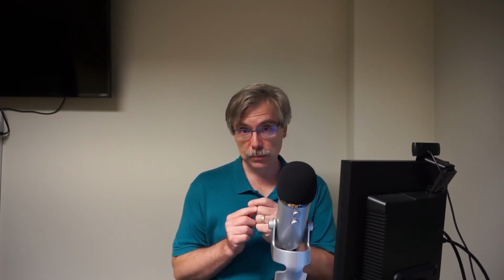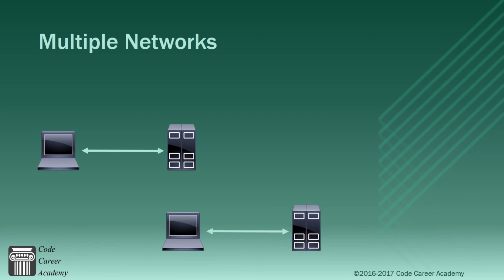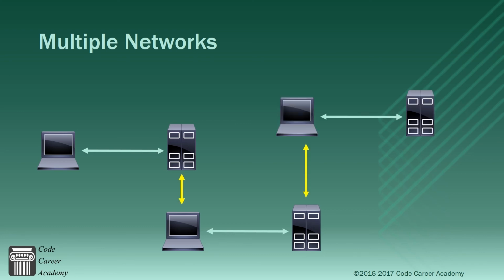Instead of your computer being connected directly to the computer with the file, you're sending a request from computer to computer to computer across the internet. So what is the internet? If we think of our example of two connected computers as a network, then in the real world there are lots of networks. But a computer in one network can't talk directly to a computer in a different network, unless we connect all the networks.